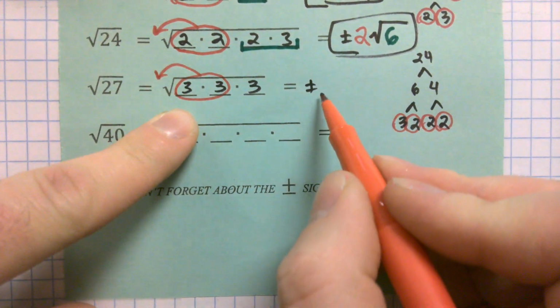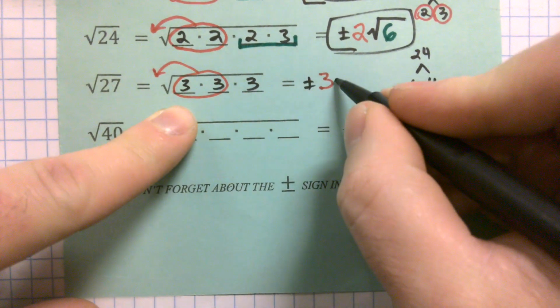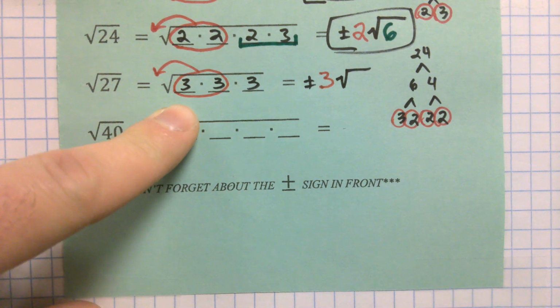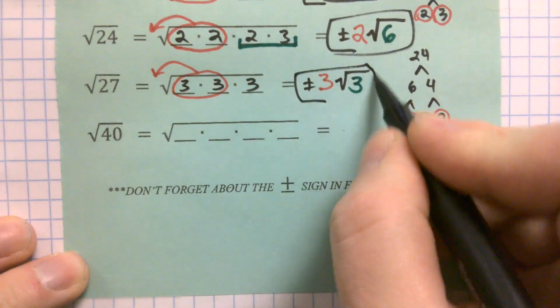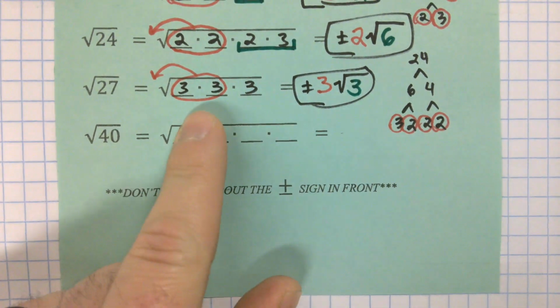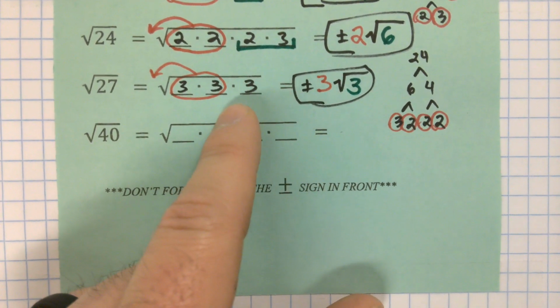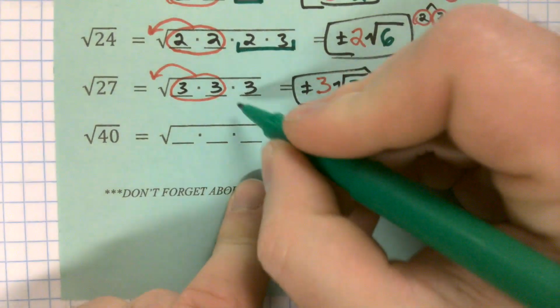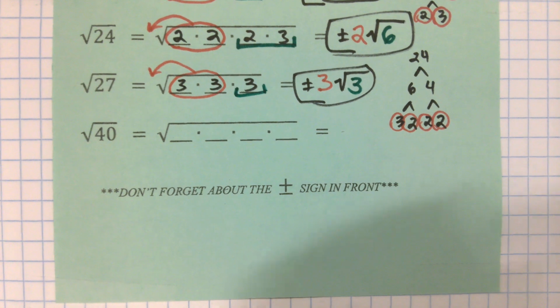What did we bring out again? 3. Is there anything left over? Yes. What's inside my square root? 3. Okay. So when we bring this pair of threes out, they become one single 3. We've got that one single 3 left on the inside as well. Okay?